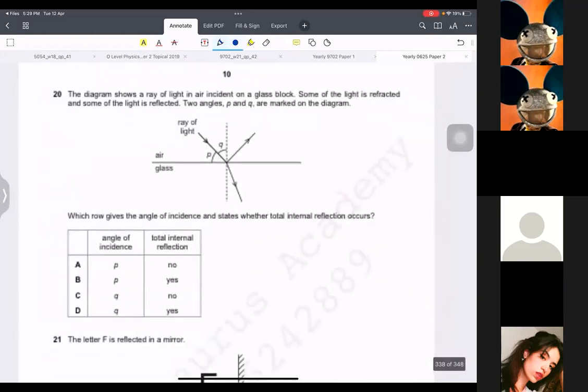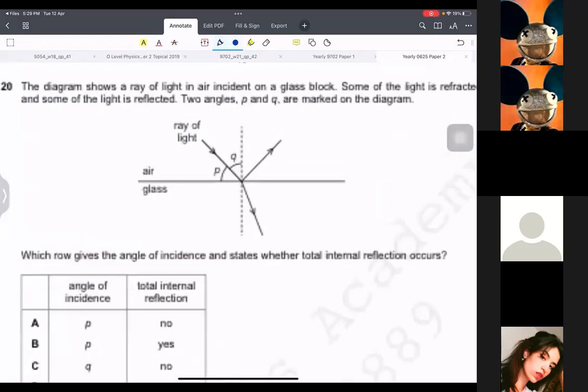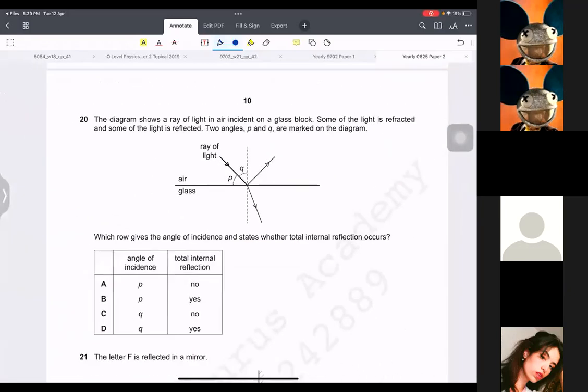Now, the diagram shows a ray of light in air incident on a glass block. Some of the light is refracted, some of the light is reflected. Two angles P and Q are marked on the diagram. Which row gives the angle of incidence and whether total internal reflection occurs? So this is air, this is glass.